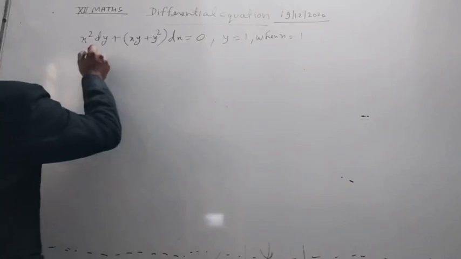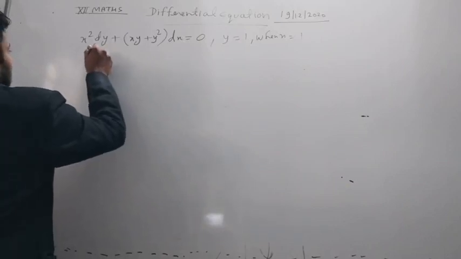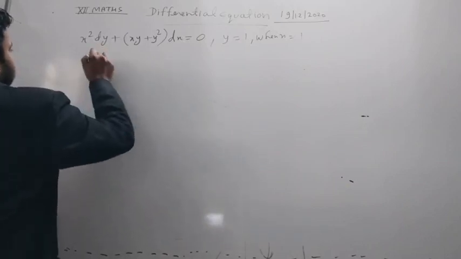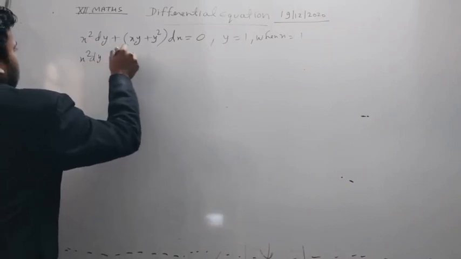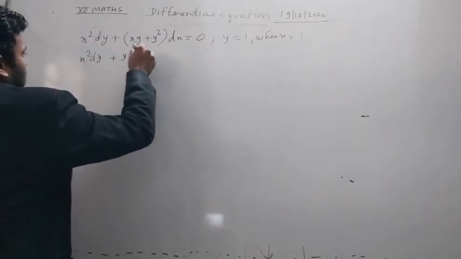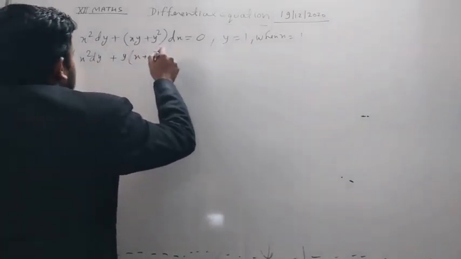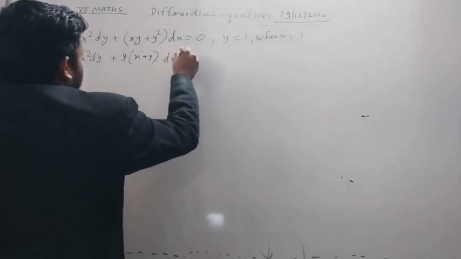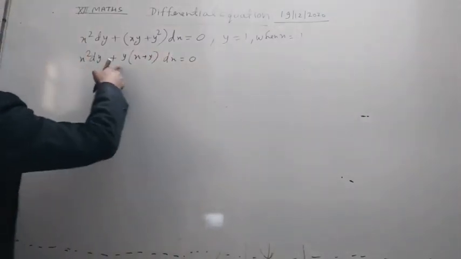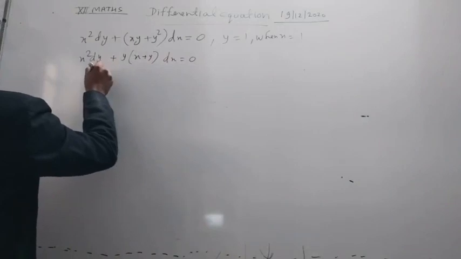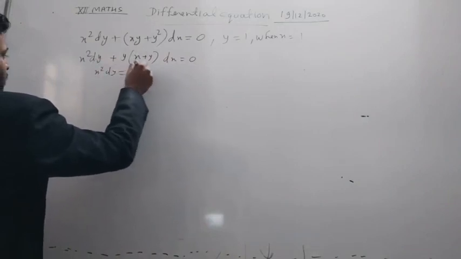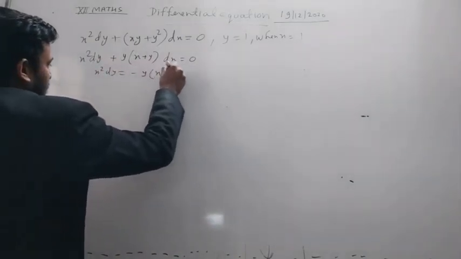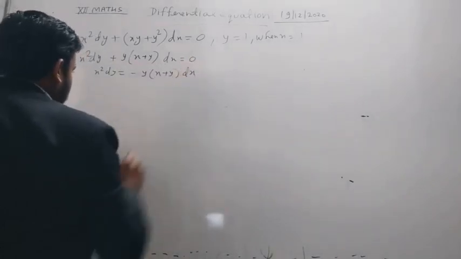So student, first we write our dy and x square, this is y common x plus y, and dx is 0. Now send this to the right hand side. x square dy is minus y x plus y dx.